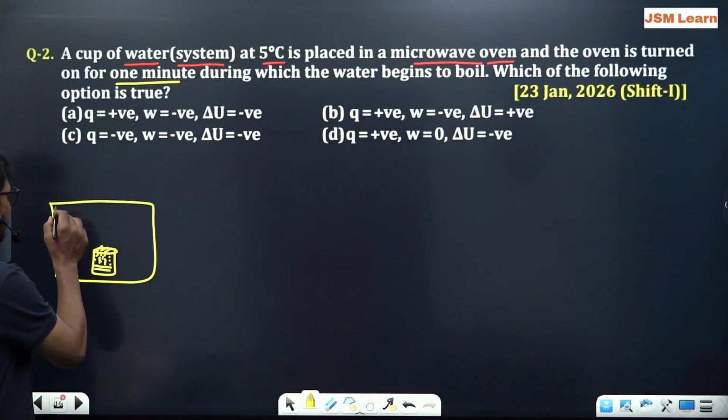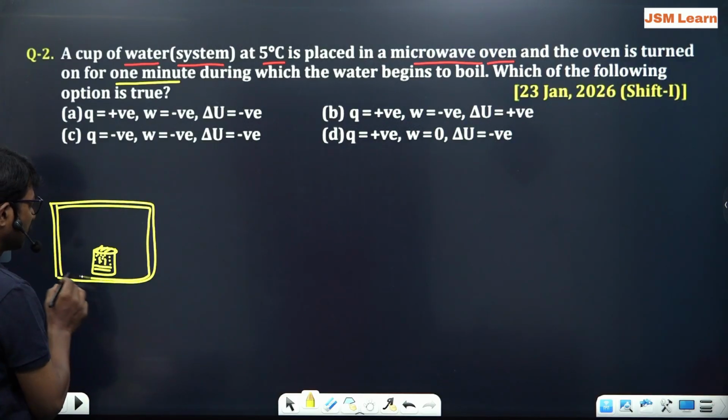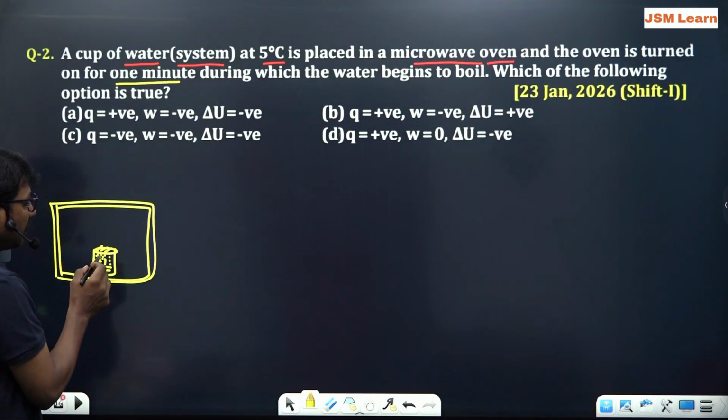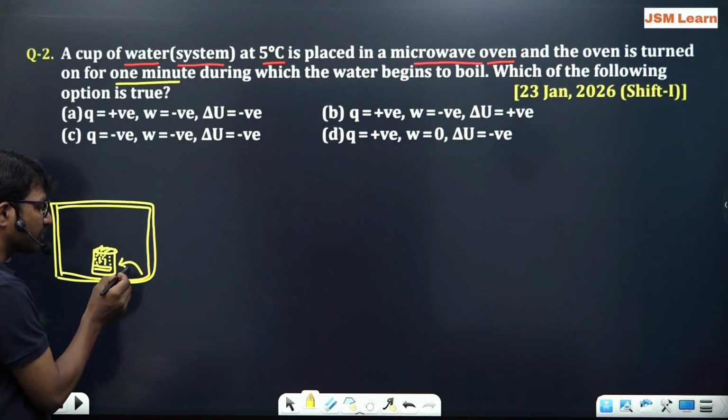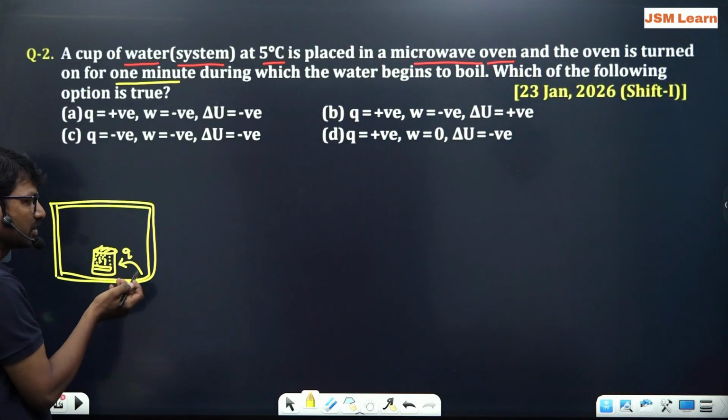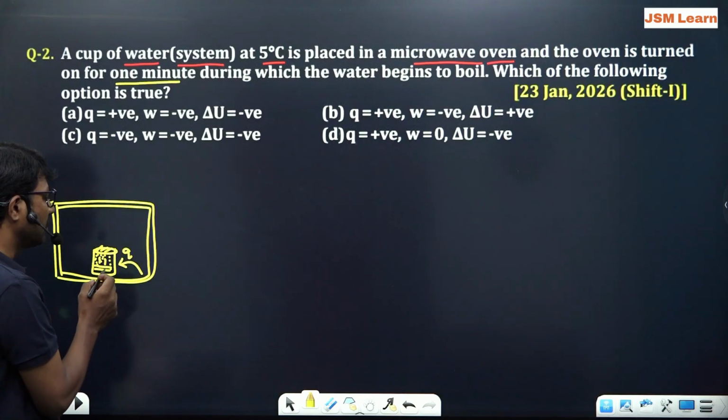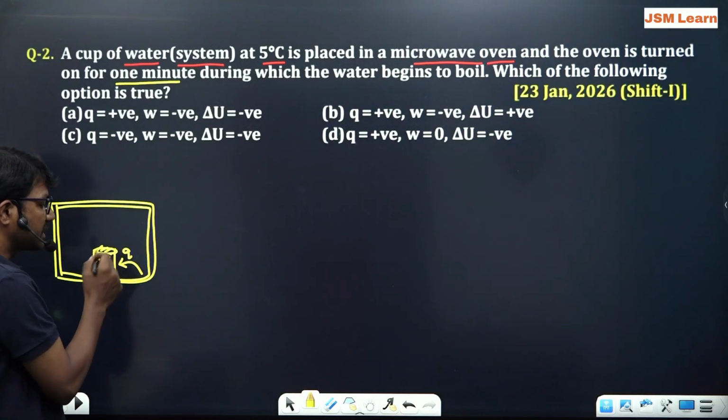So here inside the microwave oven, a cup of water is kept. On boiling this, liquid water is going to gain heat energy from the surroundings, that means from the microwave oven. So this is the system which is gaining the heat energy.